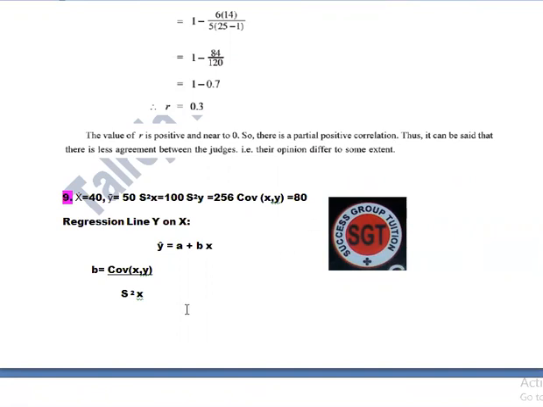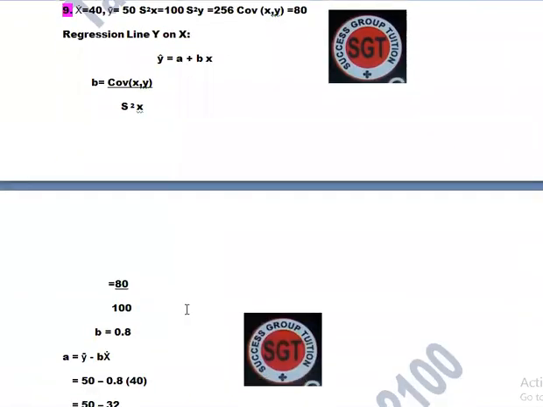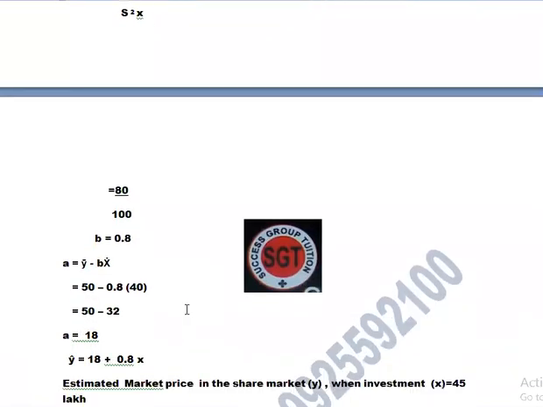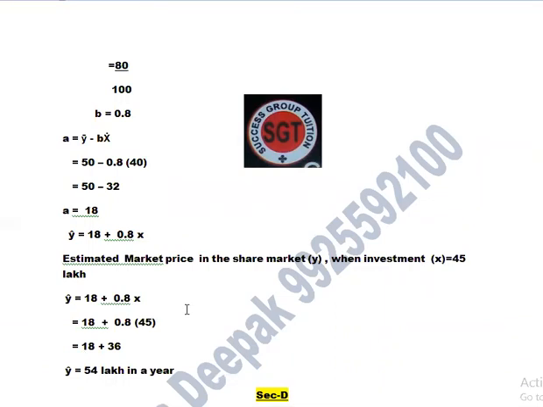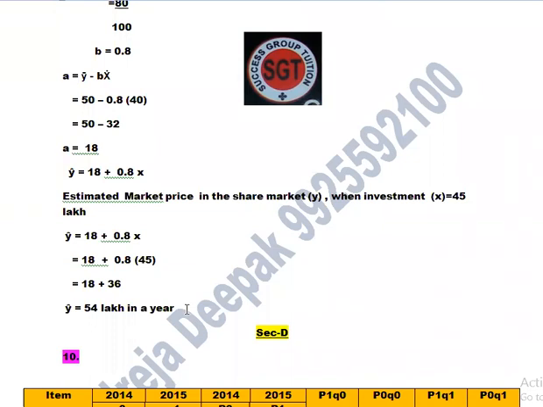We use the formula b equals covariance XY upon S square X, and we put the values. We will get b, then a, and put the values of b and a in the equation Y cap is equal to a plus bX. It is also asked to find the estimated market price in the share market when X, meaning investment, is 45 lakh. So we get the final answer, Y cap is equal to 54 lakh in a year.